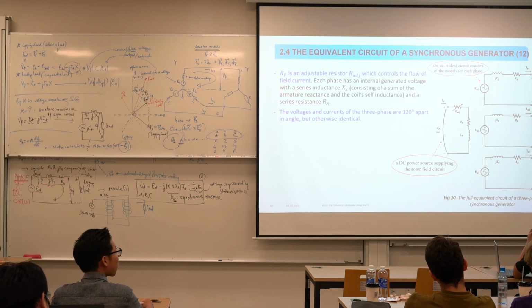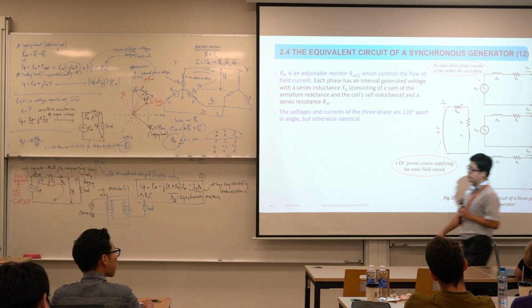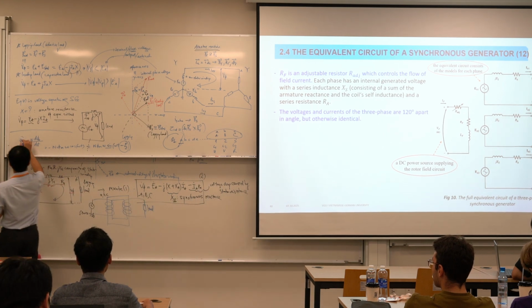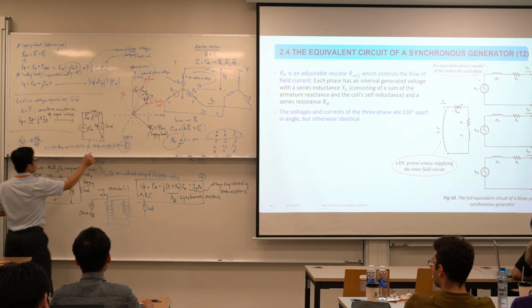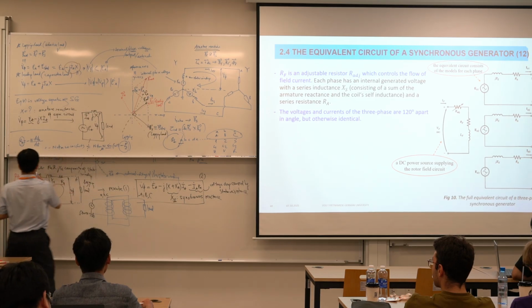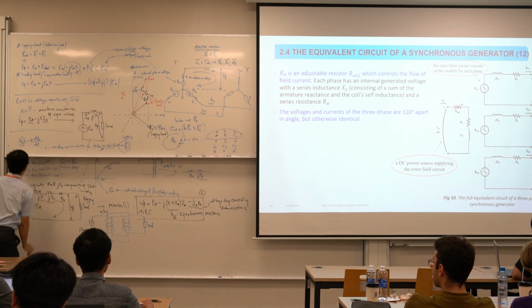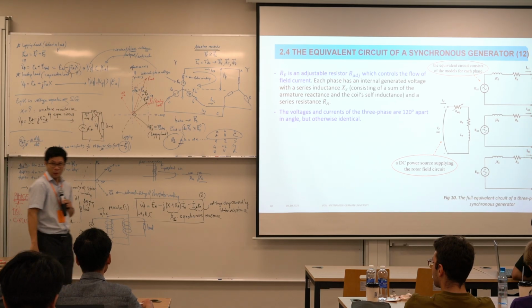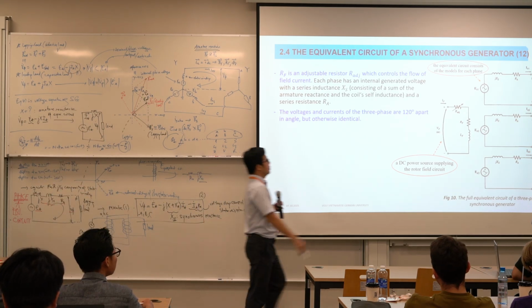If phi R increases, that means EA increases. Look here, EA. If phi M increases, EA increases.